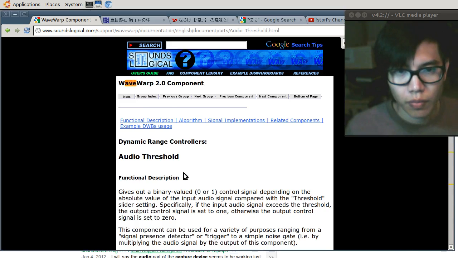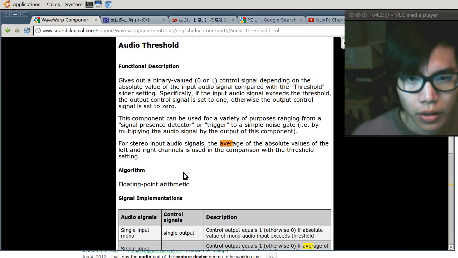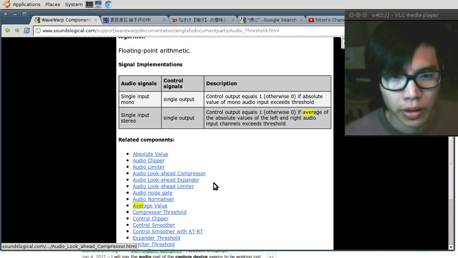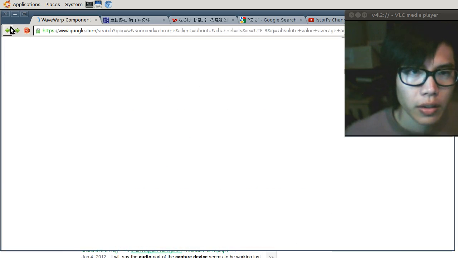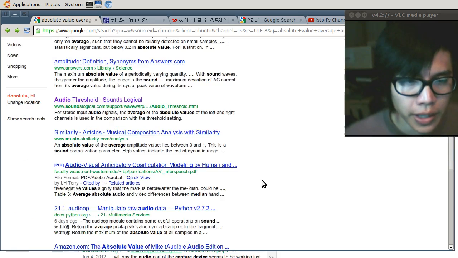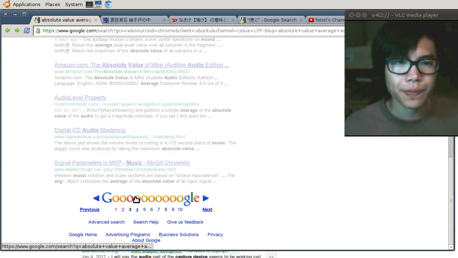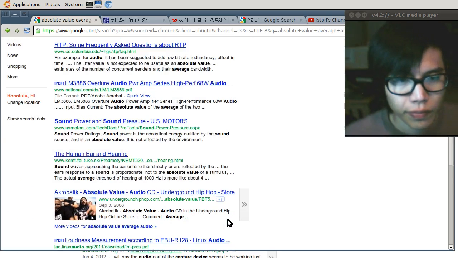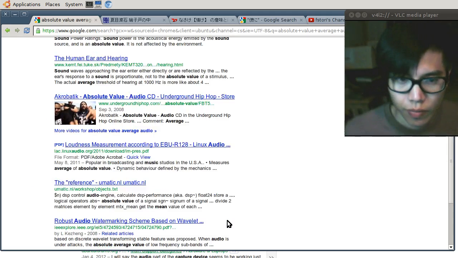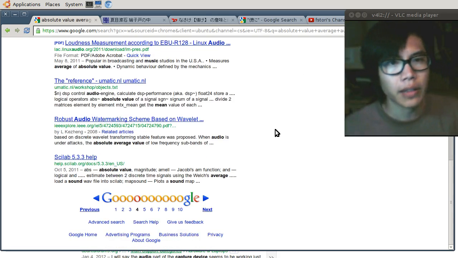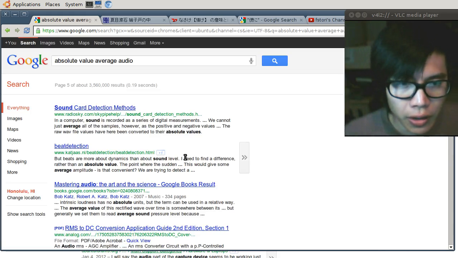For stereo, input the average. Okay, this is their ad hoc effect function, so we can't look at that. Yeah, it's funny, you know. Anyway, I mean, it's funny how little.